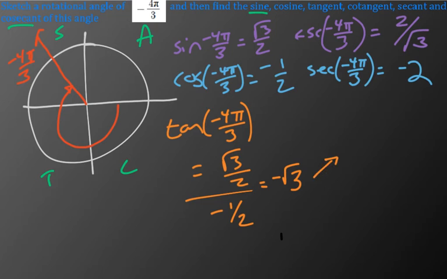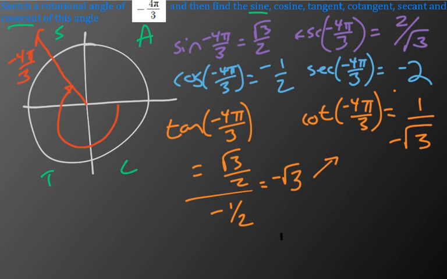And so you could do cotangent really quickly from there, because you could just flip negative root 3 upside down, and you just get 1 over negative root 3. No calculator involved here at all, just finger trick stuff. Yeah, that's another really, really important thing to know. Working with the unit circle is an incredibly important part of this course.